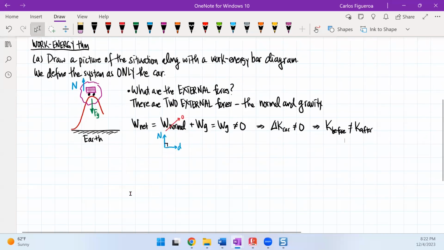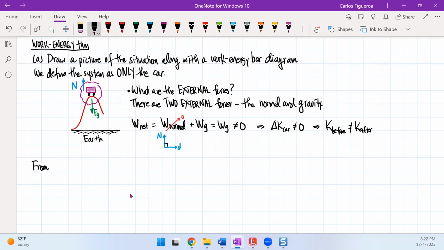So if I write this out, we can say from the work energy theorem that K1 plus the work of gravity is going to equal K2, where K1 is not the same as K2.